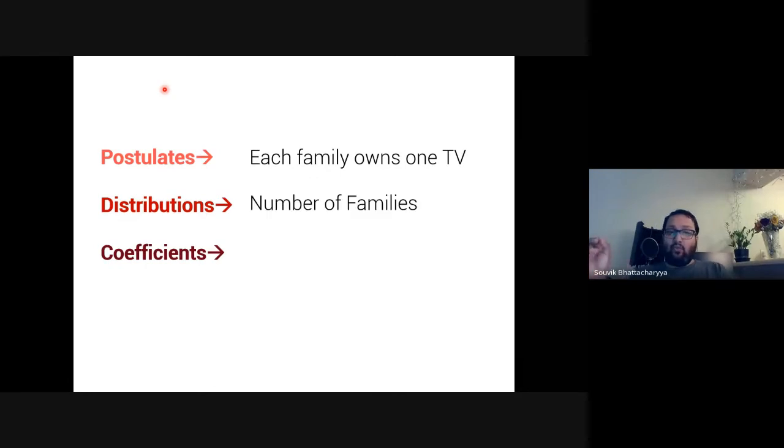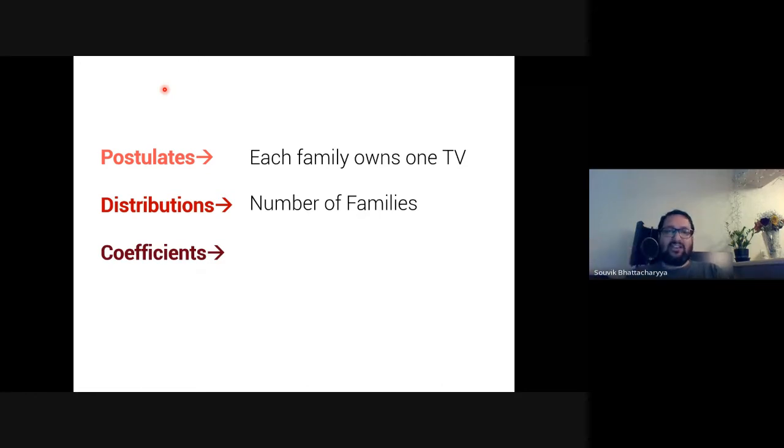Then we had a distribution. Distribution here means the probability. So what is the probability of a number of individuals in a family? We assumed that it is 4. So the number of families that we calculated was calculated from a probability distribution.